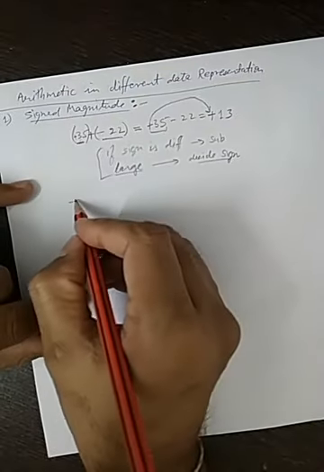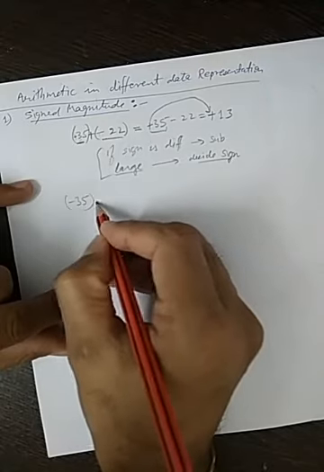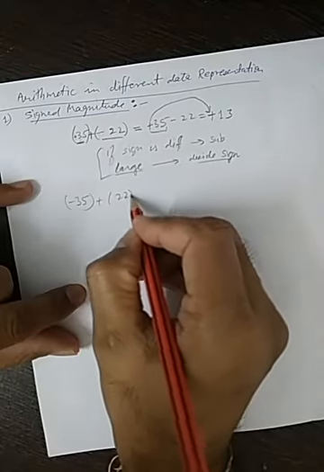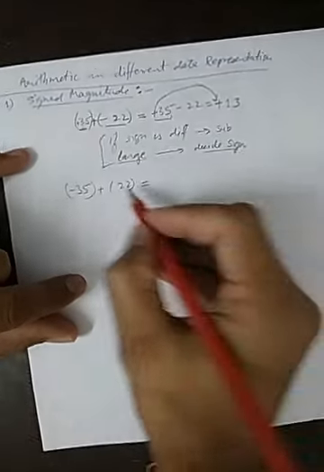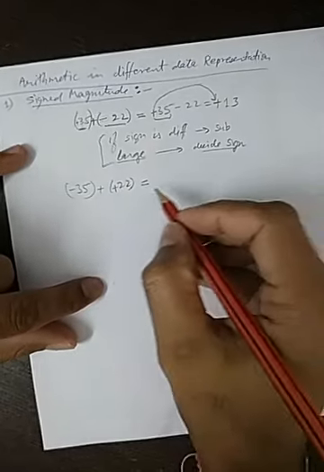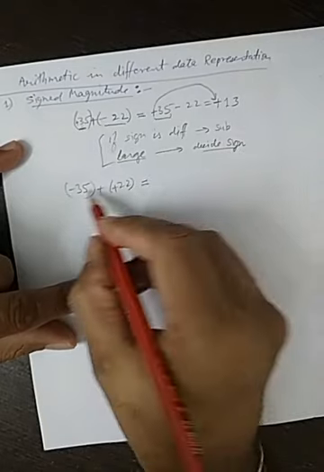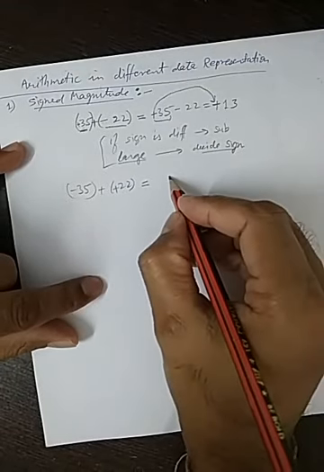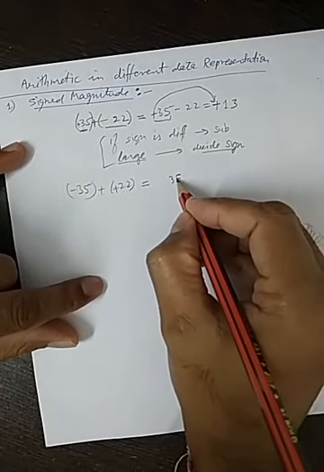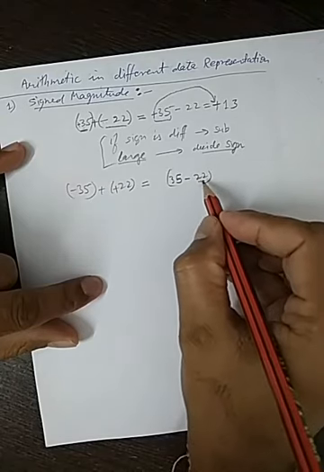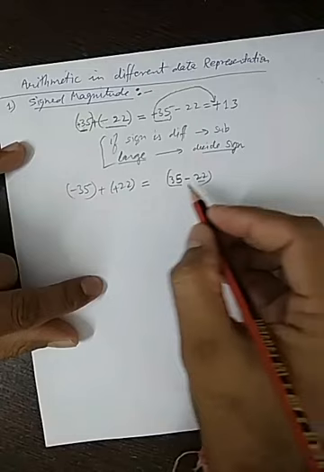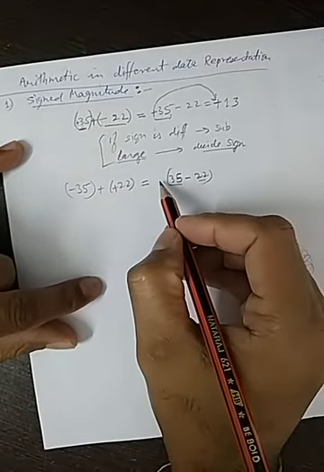Suppose I have the reverse case, minus 35 plus 22. What will be the case? First of all, the sign is different, so I will go for the subtraction process. 35 minus 22: I will subtract the smaller number from the bigger number. And what about the sign?